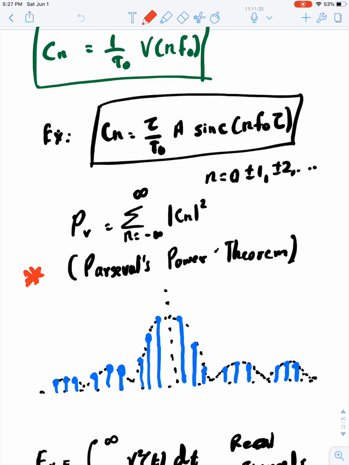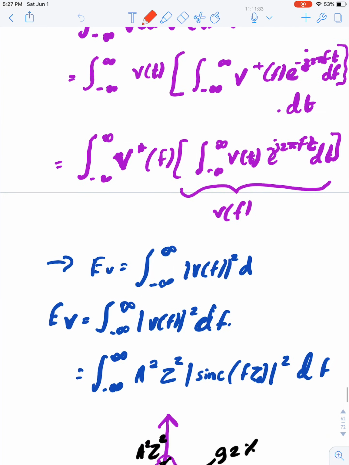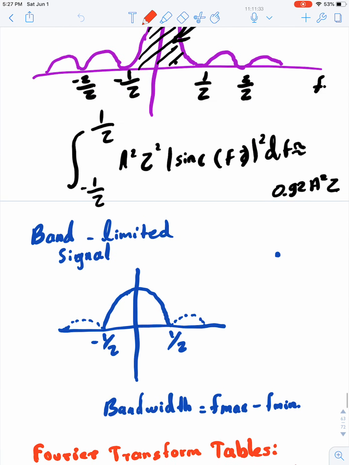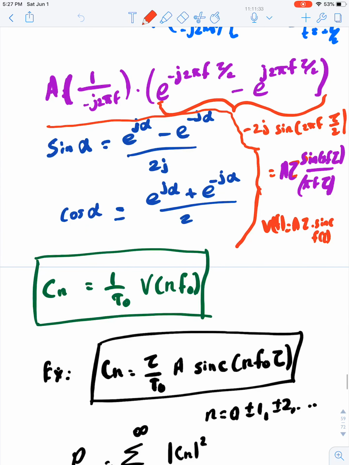What is Cn? Do we have experience on this yet? Maybe we had to watch a video on that. Sarava's video? No, somebody else's video.